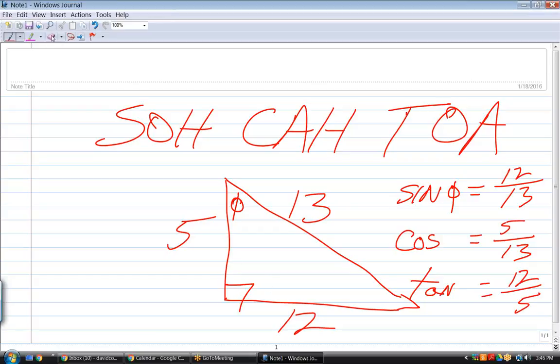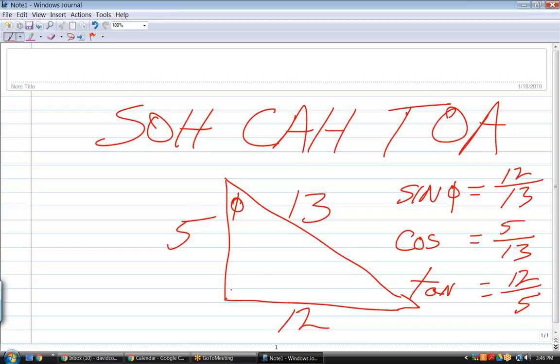Now, let's change it so that that's not a right angle. Let's make that 11, because I can't leave the dimensions the same. In other words, you learned that not only does the Pythagorean theorem apply, but if this side squared plus this side squared equals that side squared, then it has to be a right triangle.